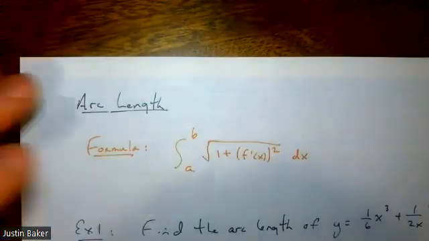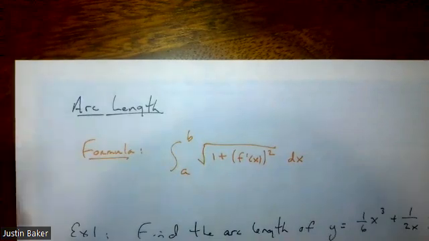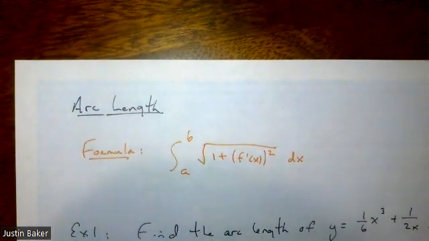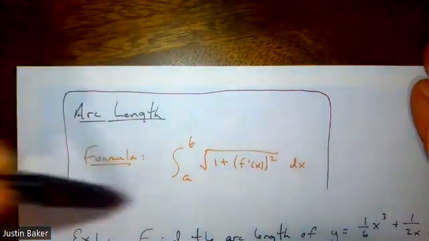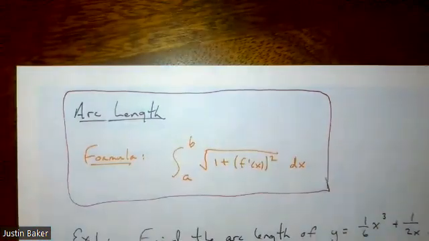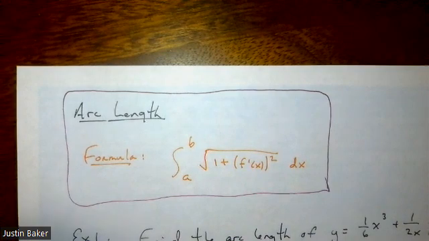This is just a regular old arc length, but it goes into the same unit. And the formula for it is listed right here. So we have parametric arc length and we have regular arc length.